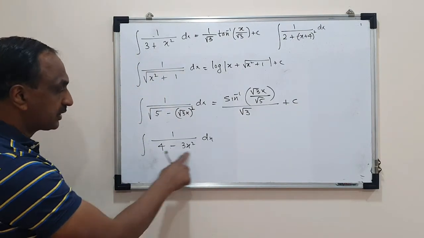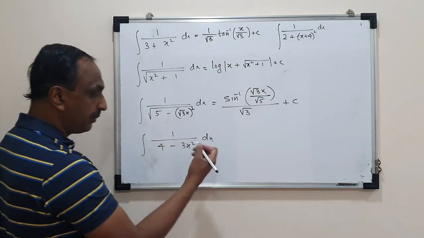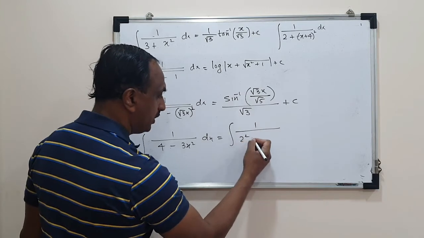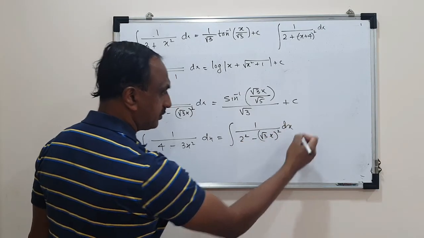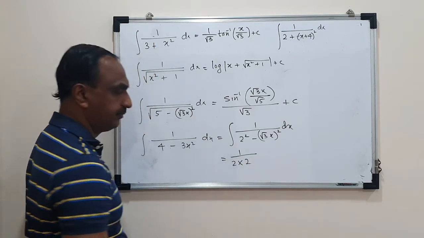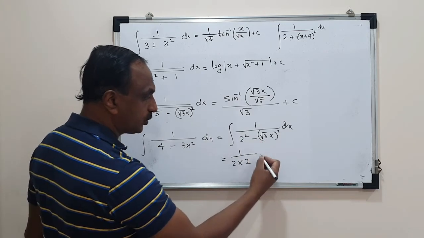Now the answer for this is factorizable. So it is log, with 1 by 2a. Let me write it as 1 upon 2 square minus root 3x the whole square. So my answer will be 1 by 2a. A square is 2 square, so a is 2.